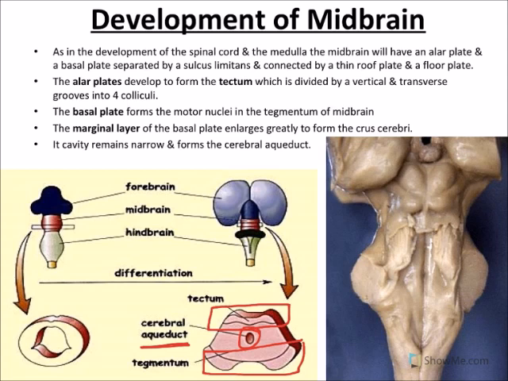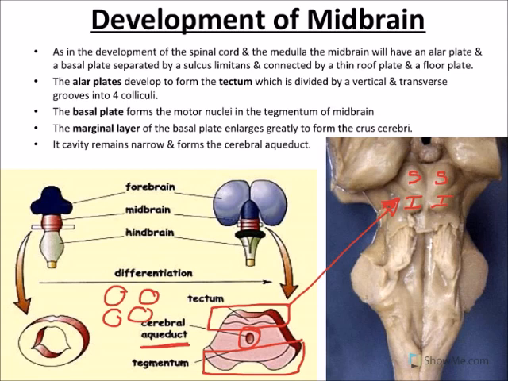The tectum, or the posterior part of the midbrain, has four rounded structures called colliculi. If you look at this photo here, this represents the dorsal part of the midbrain, and these are the superior colliculi, and these are the inferior colliculi. They both play a role in vision and hearing.